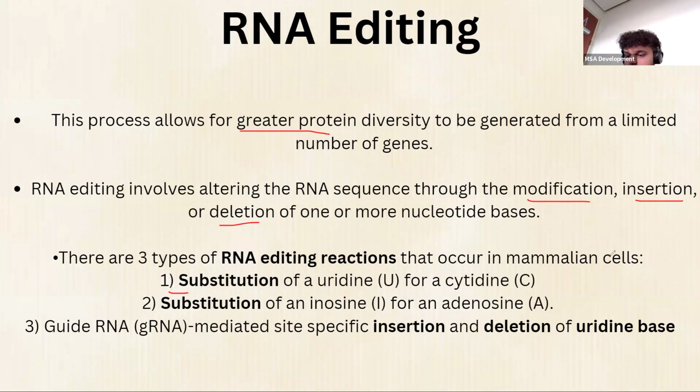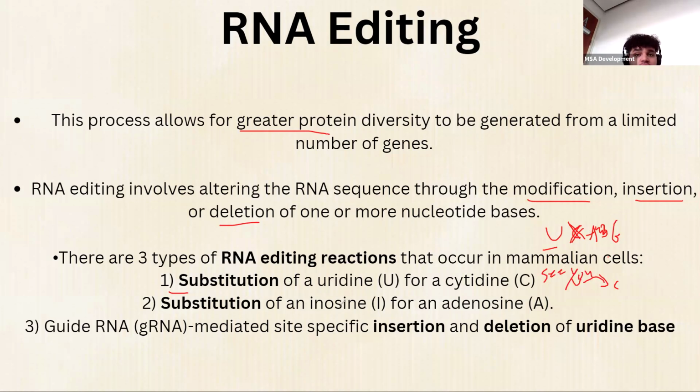Basically, the U will replace the C. So if in my sequence I have CAG, the C will be replaced by the U. That's what substitution of uridine for cytidine means. The cytidine will be removed and replaced by a U. An easy way to remember this is "see you later", C U. The C will be removed and the U will take its place.